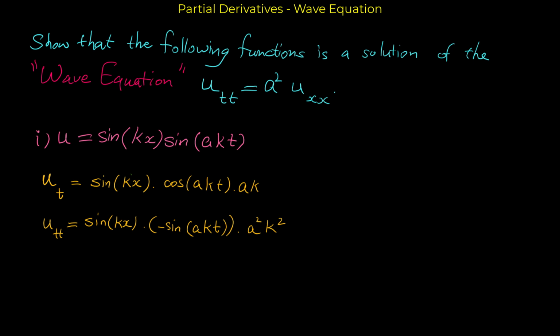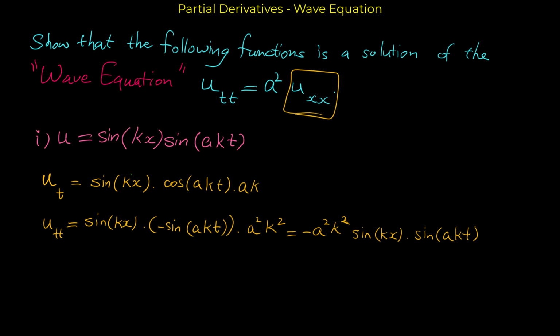So utt, the second partial derivative of u with respect to t, is, I prefer to rewrite it as negative. You will have a negative if you pay attention. Negative a2k2, we move the constant to write it as the first term, then times sine of kx times sine of akt.